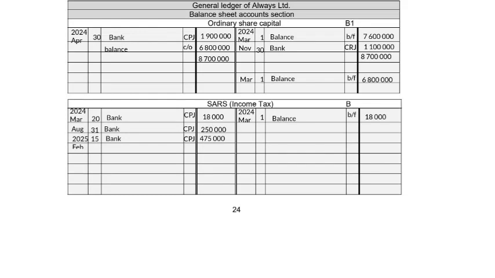2025, February the 28th. We will write income tax, general journal, 750,000.